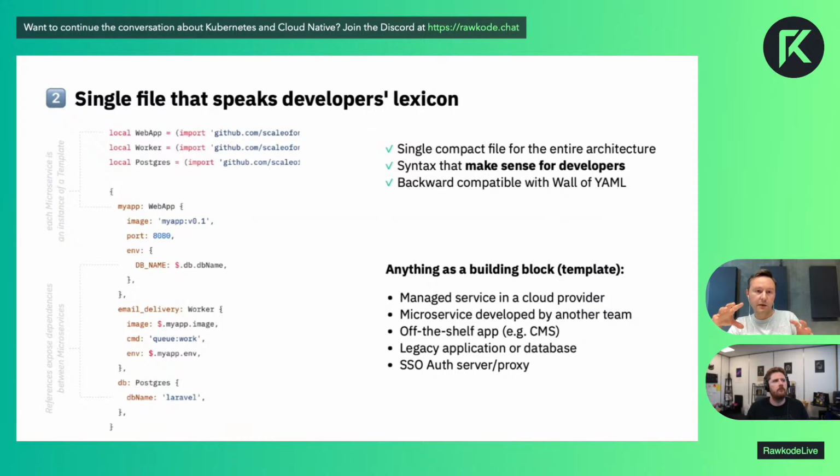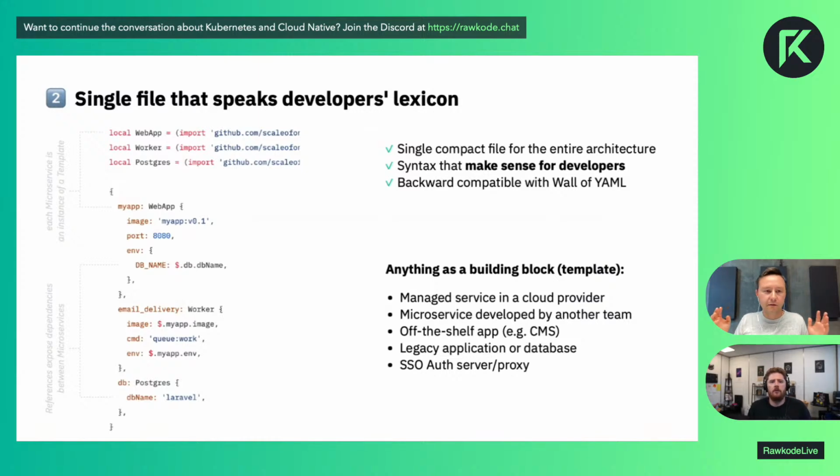Within the template, it can be a microservice developed by another team, or it can be an off-the-shelf solution, like, for example, a little WordPress install. You can give it to your content managers, they use it to write text and copywriting, and you just consume that as an API for your content.